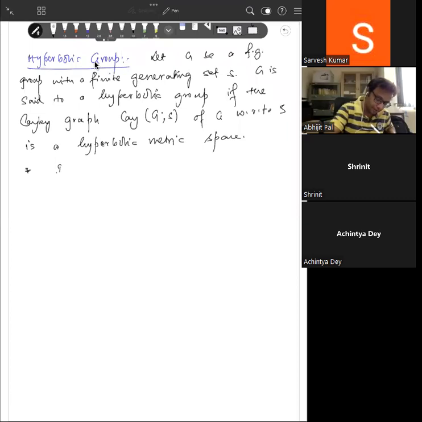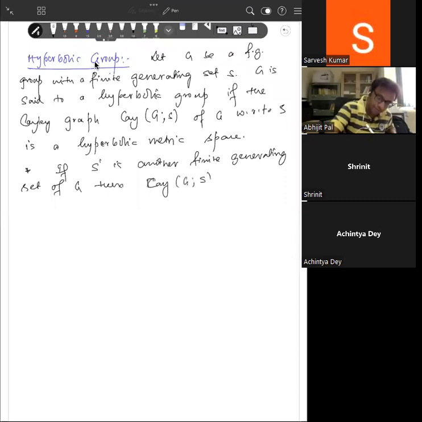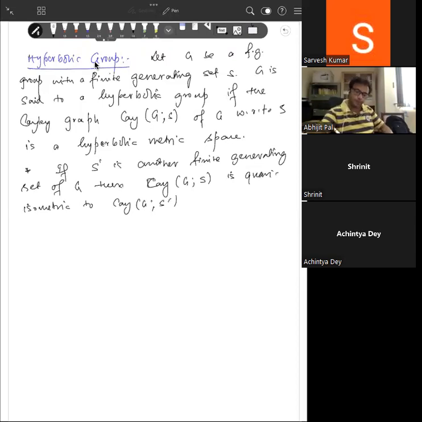If S prime is another finite generating set of G, then the Cayley graph of G with respect to S is quasi-isometric to the Cayley graph of G with respect to S prime, right?